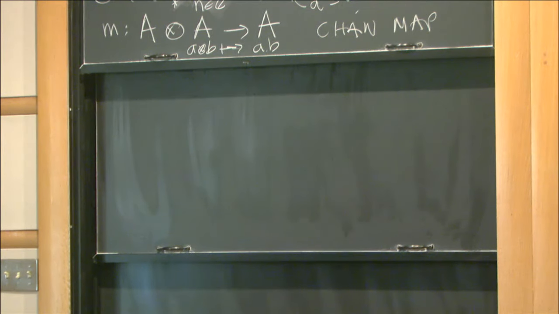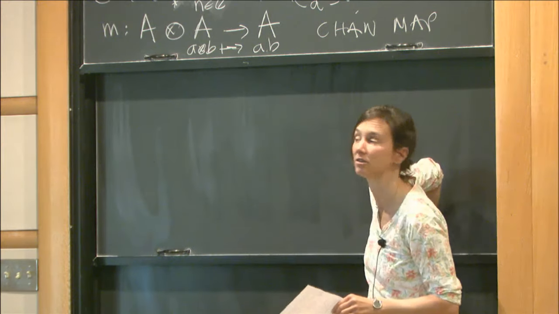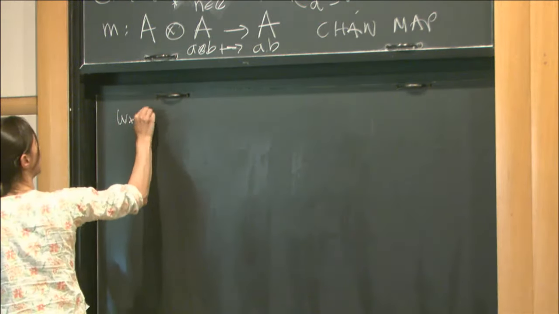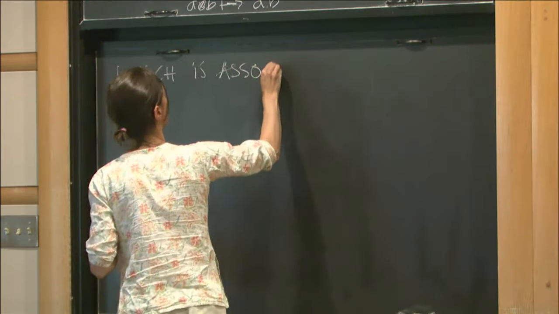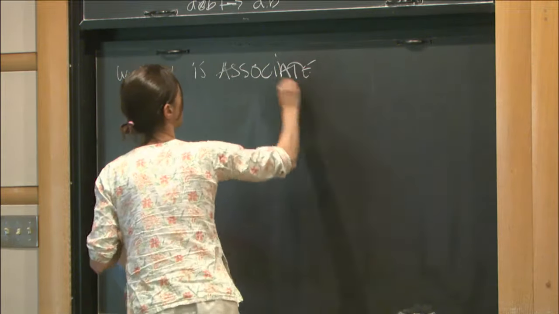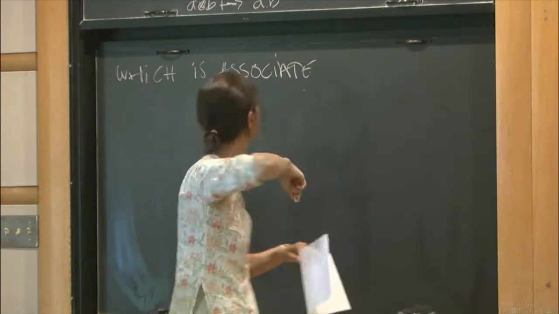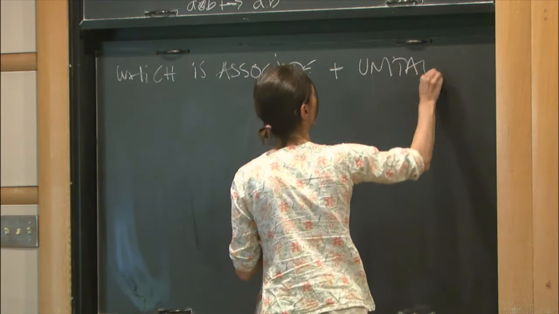Okay, I want to know two things about this map. One is important: the multiplication is associative, in the usual sense. A times B times C is A times B times C. Also, a unit.